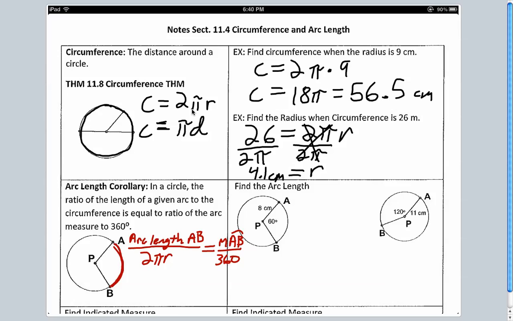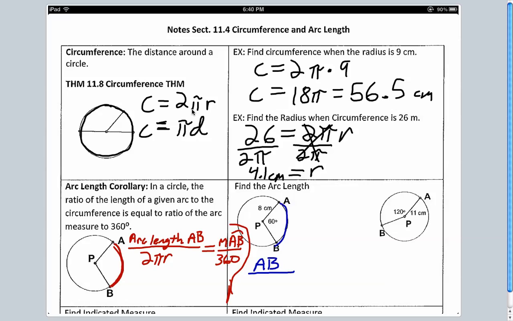In the first example, I want to find the arc length, so I want to find AB. Now I'm just going to write AB, but we have to agree that we're not talking about a line here. We're talking about the length of AB.